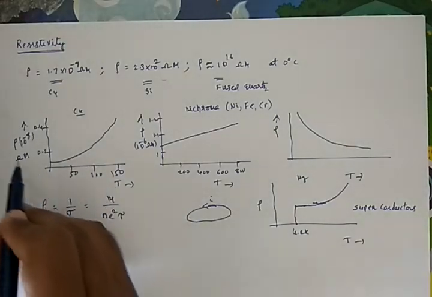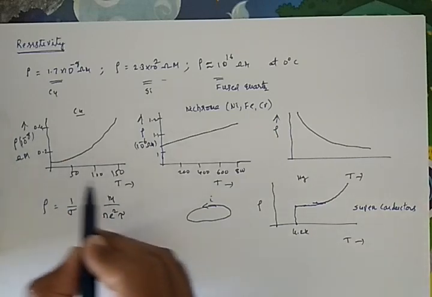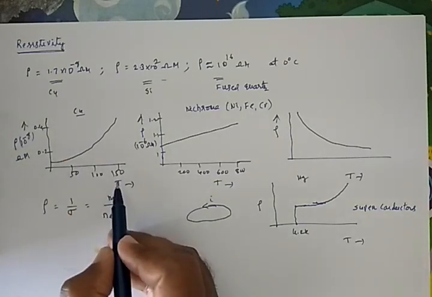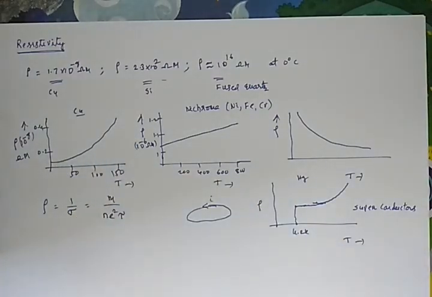If I draw a graph between resistivity and temperature, the graph is not linear. It means that the variation of resistivity is not equal for all intervals of temperature. That's the meaning.